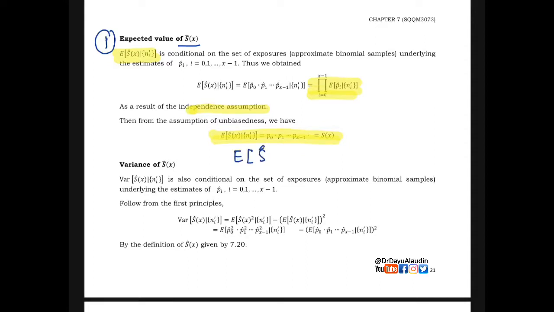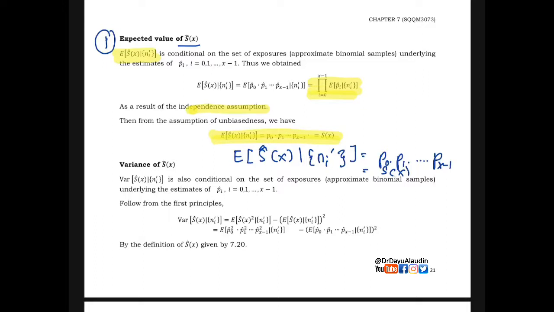So E of Sx, since it is conditional probability, so given that Ni, is the multiplication of probability of survive, which is equal to Sx.